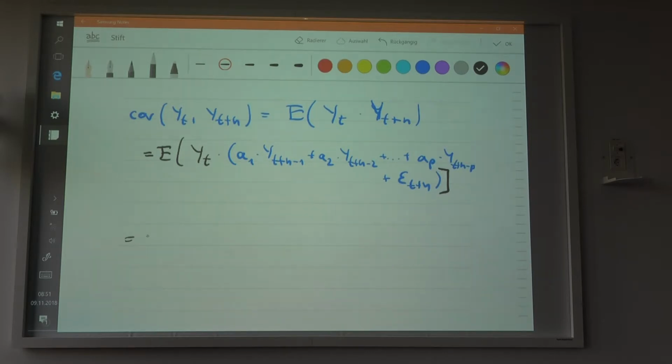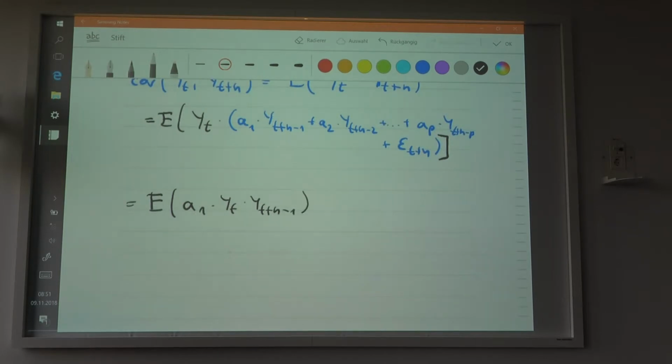So I'm going to write this as follows. Here you have the expectation of a1 times yt times yt plus h minus 1, that's the first thing. Then plus the second expectation, the expectation of a2 times yt times yt plus h minus 2.